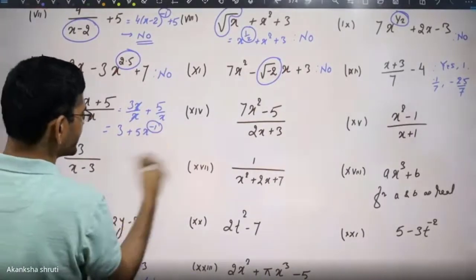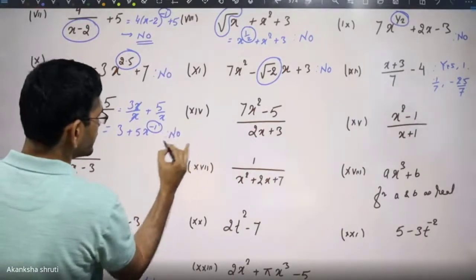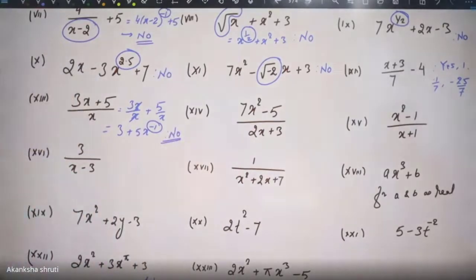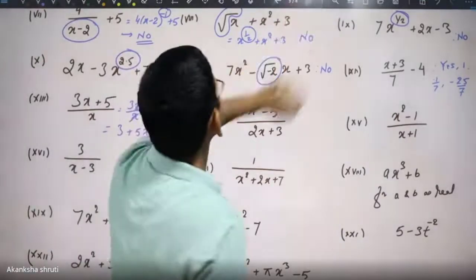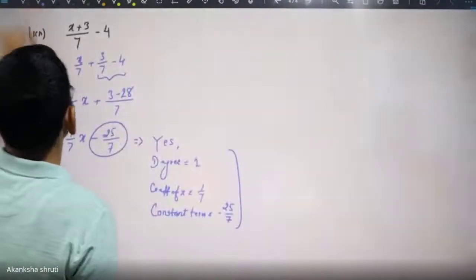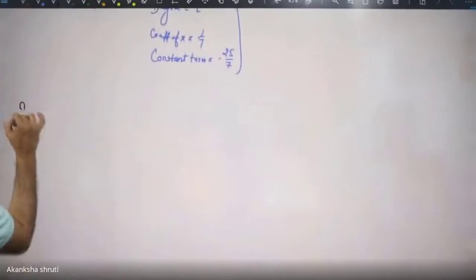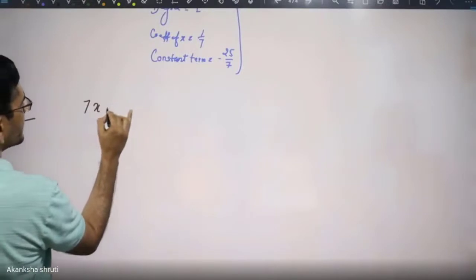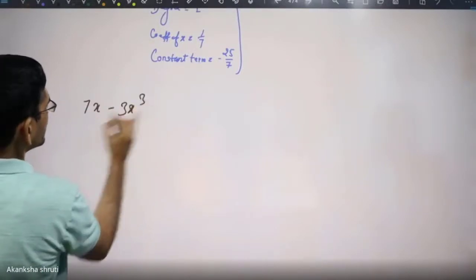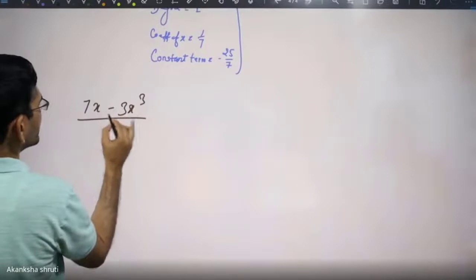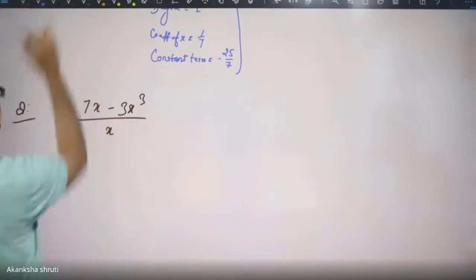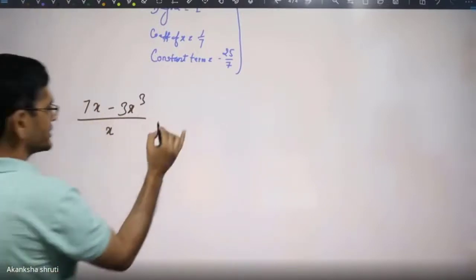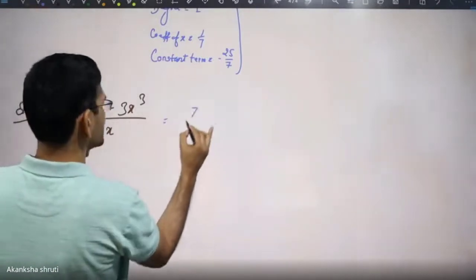Because of this minus 1, the answer is no. Keep in mind, see, x is in the denominator, it is left over. Students, if we are asked, say, if our question is 7x minus 3x cube by x, then whether it will be a polynomial or not, students, try to simplify this.